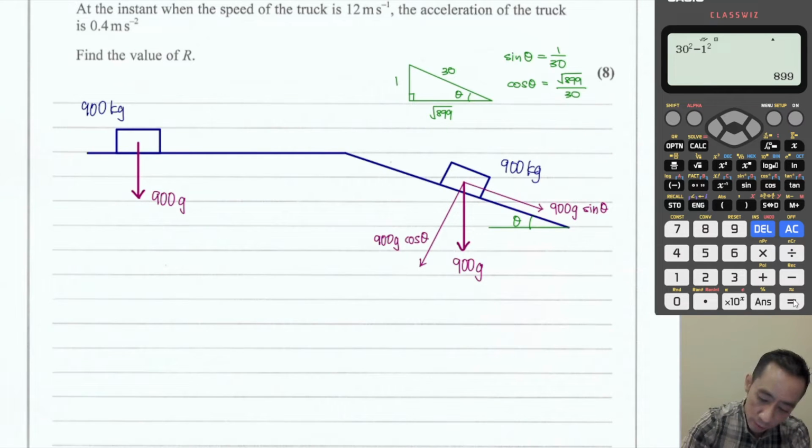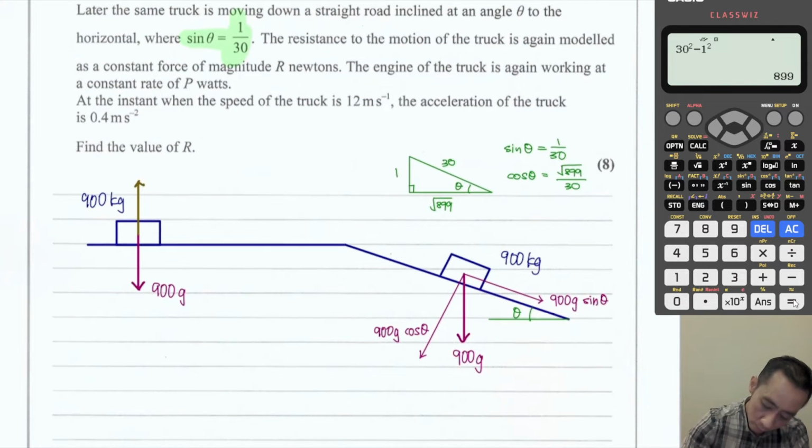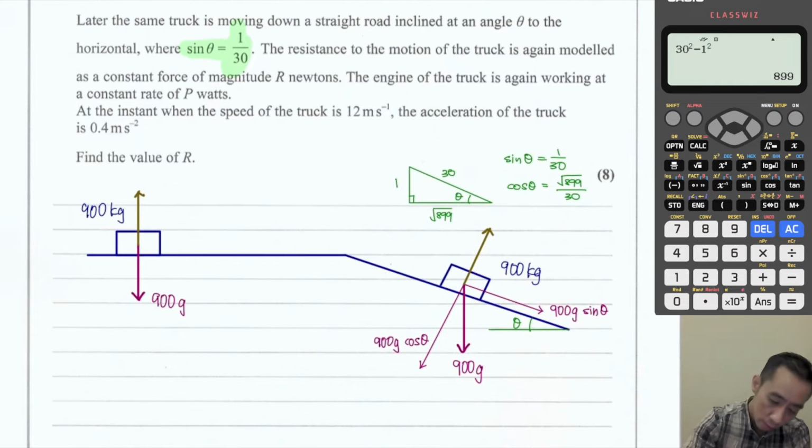Okay, now let's see if there are other forces that we have here. We have R. For these questions, it seems that these directions are not very important because we are already given the force, so maybe just erase this first.